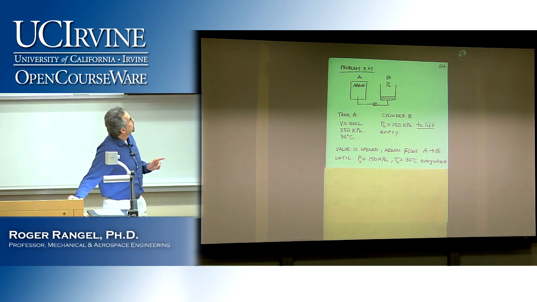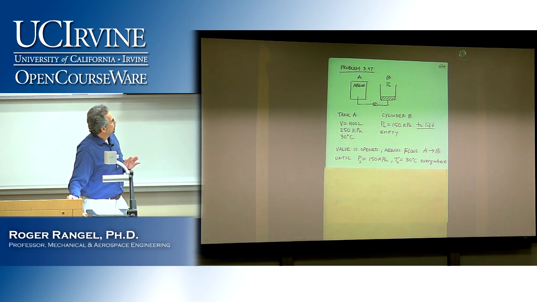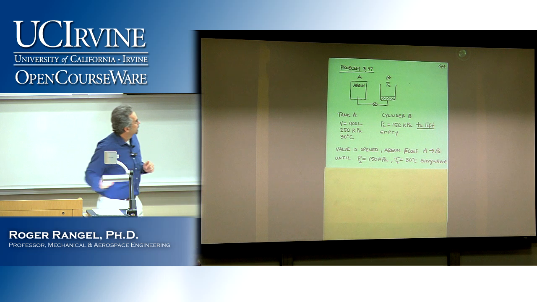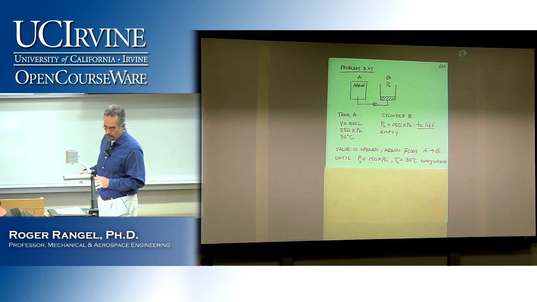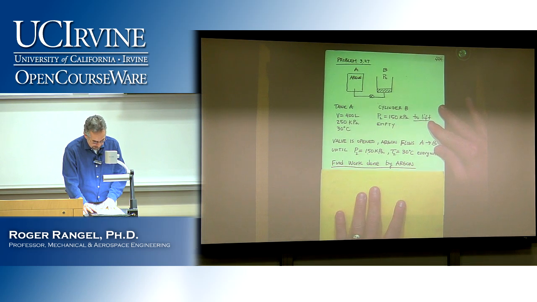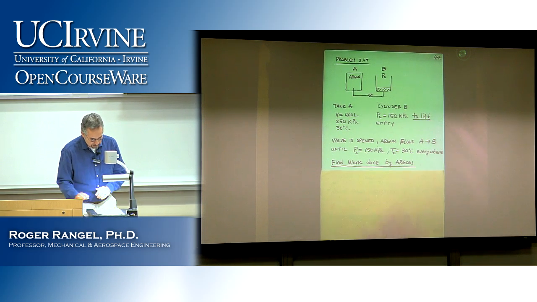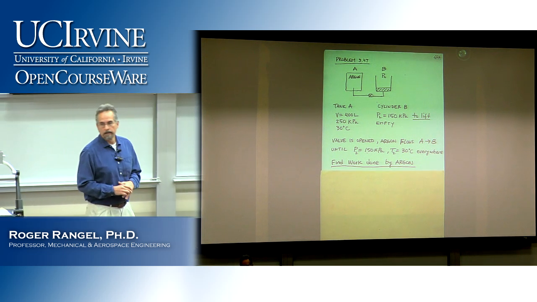So argon is going to go from tank A to tank B. And at the end of the process, the argon will be at 150 kilopascals and 30 Celsius. So that's our problem. And then the question, what we're asked to determine, is the work done by the argon.